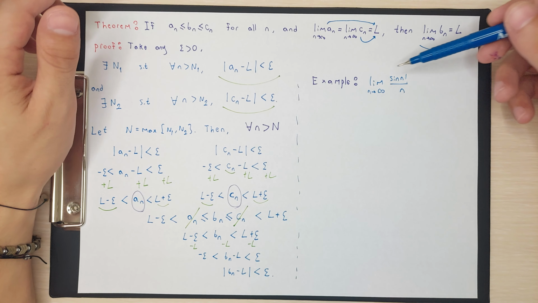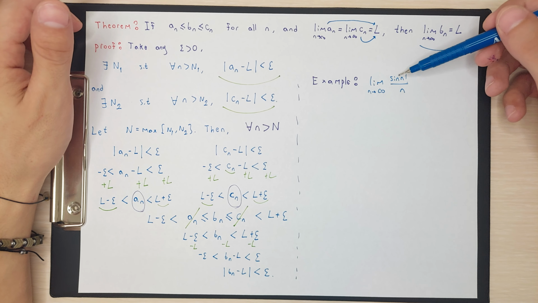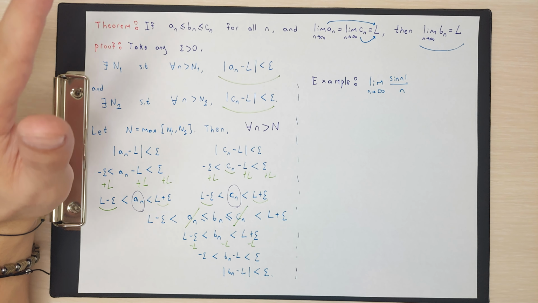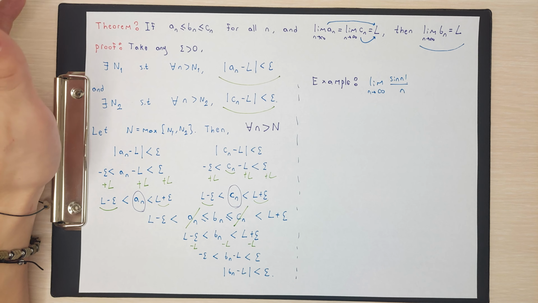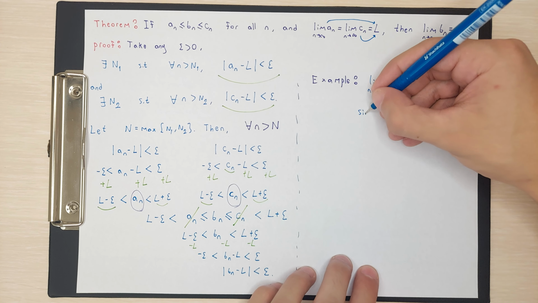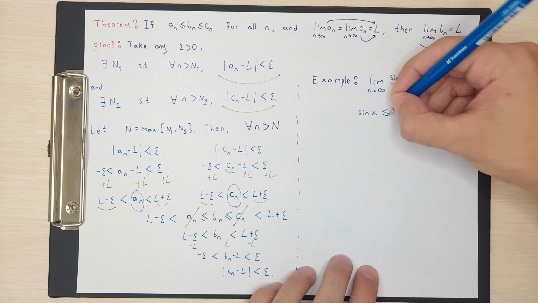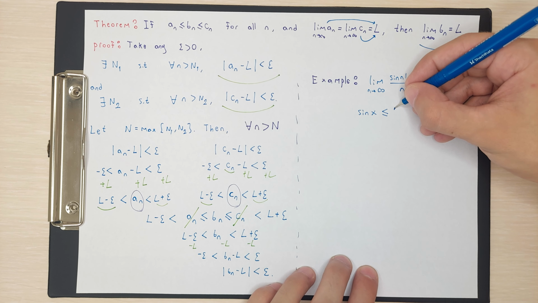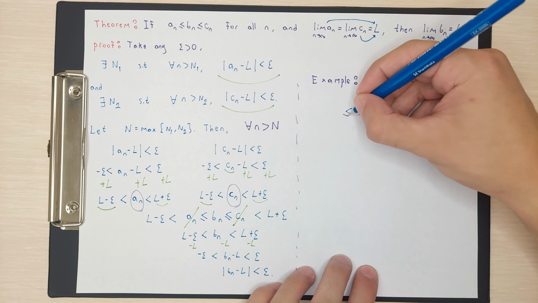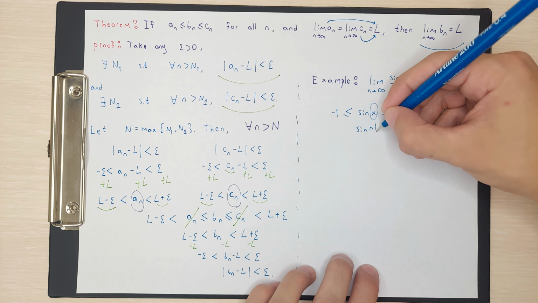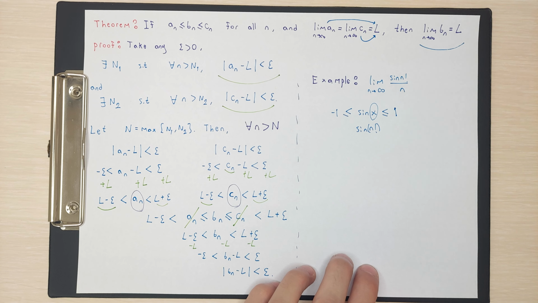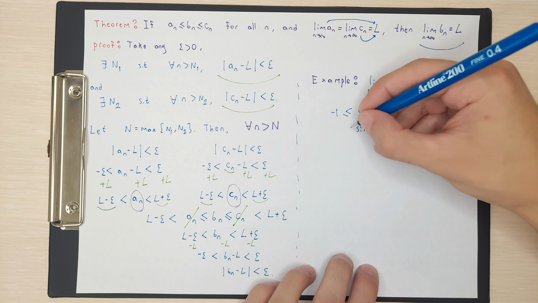The only thing you should know about this example is the sine function. You know the sine function is a bounded function. Consider sine x. Whatever x is, the sine function is always between -1 and 1. So if you say that it is sine n factorial, it doesn't matter.